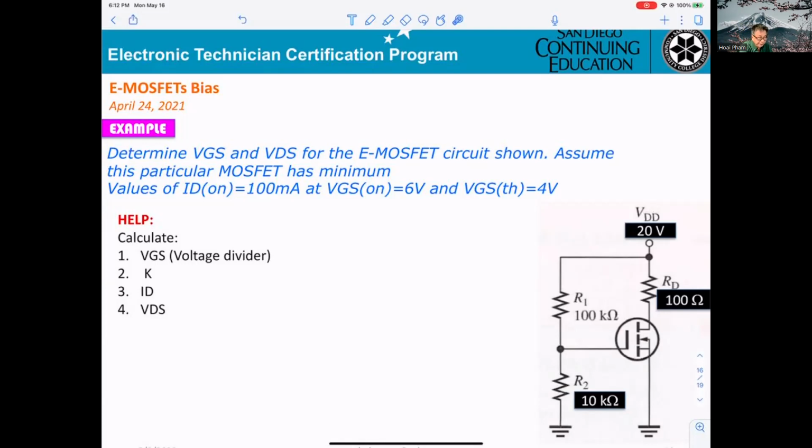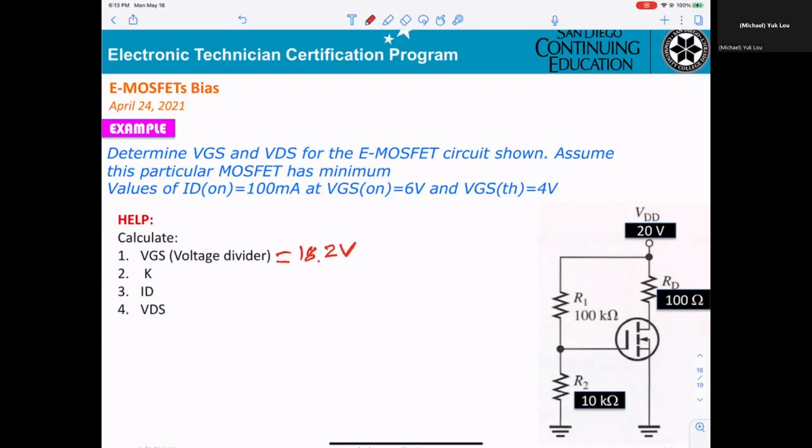Okay, who got the VGS? 18.2 volts? How many volts? 18.2?